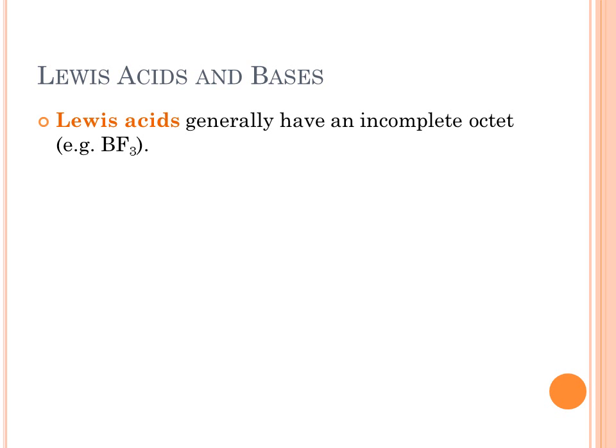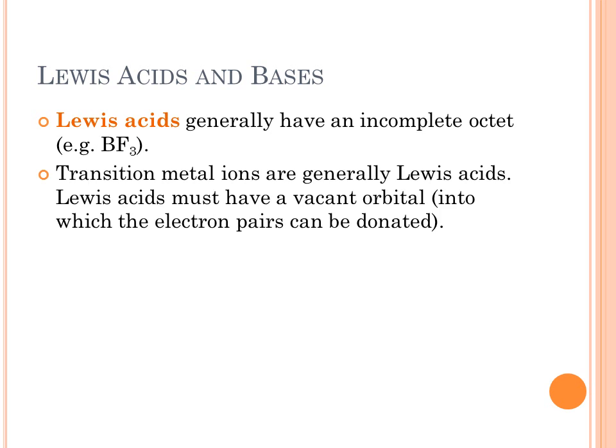So the Lewis acids can have an incomplete octet, like your beryllium and your boron compounds often do, and they can accept electrons into their incomplete octet. Transition metal ions are often Lewis acids, things like iron, or even some other metals like aluminum that aren't transition metals.